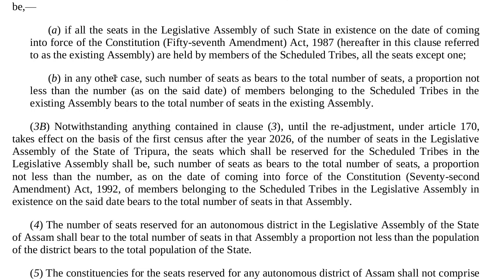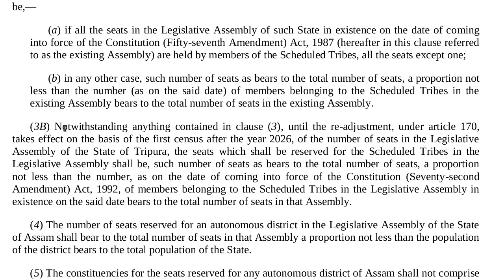B. In other cases, such a number of seats as bears to the total number of seats a proportion not less than the number, as on the said date, of members belonging to the scheduled tribes in the existing assembly bears to the total number of seats in the existing assembly.